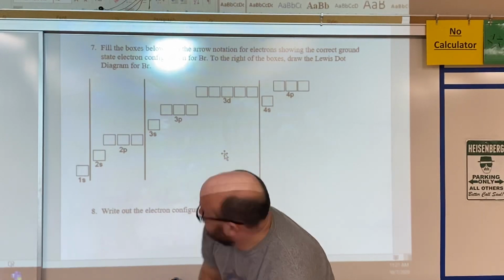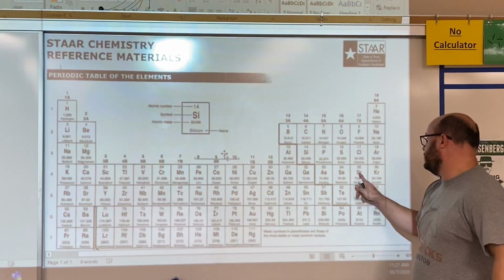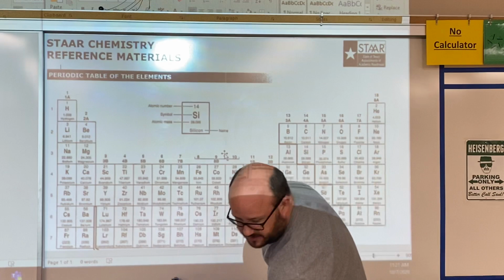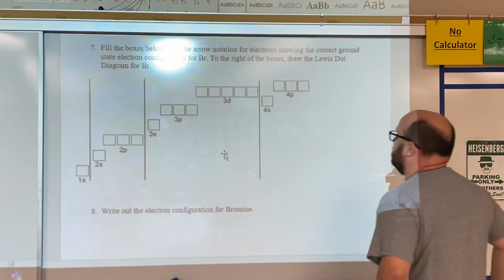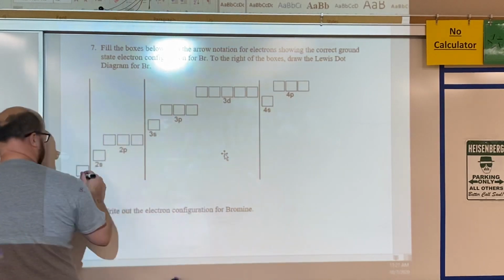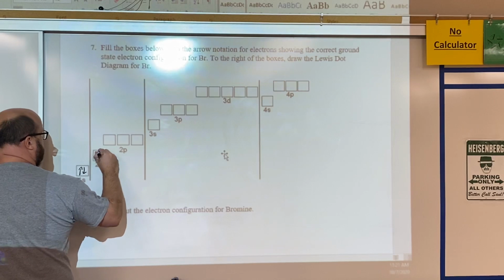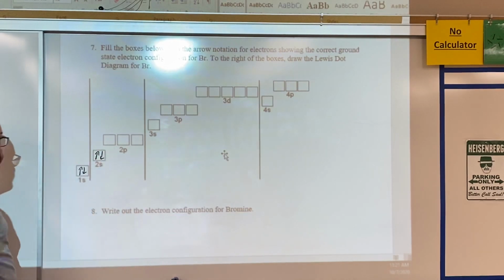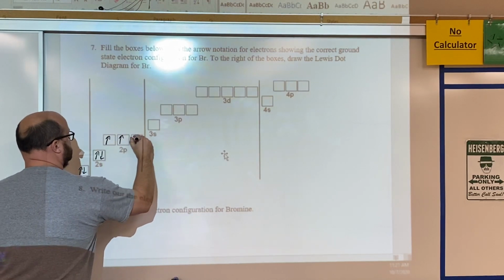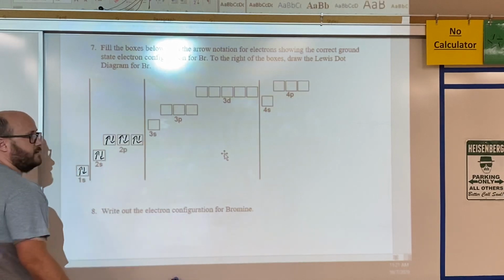First up, how many electrons? Bromine, way down here, 35 electrons. This one will be quite a challenge. Same situation as earlier though. We're going to say 1, 2, 3, 4, 5, 6, 7, 8, 9, 10.